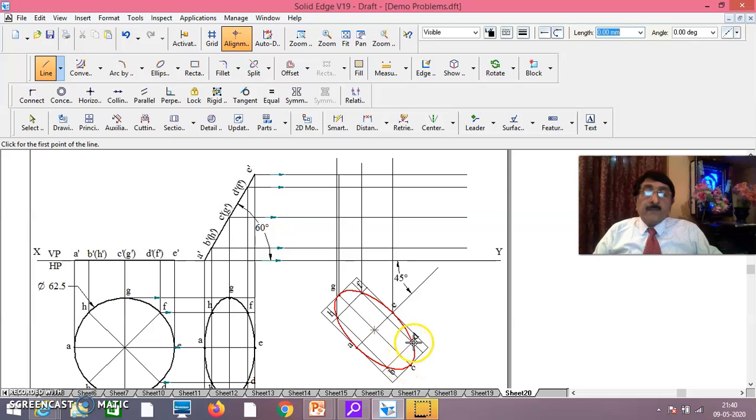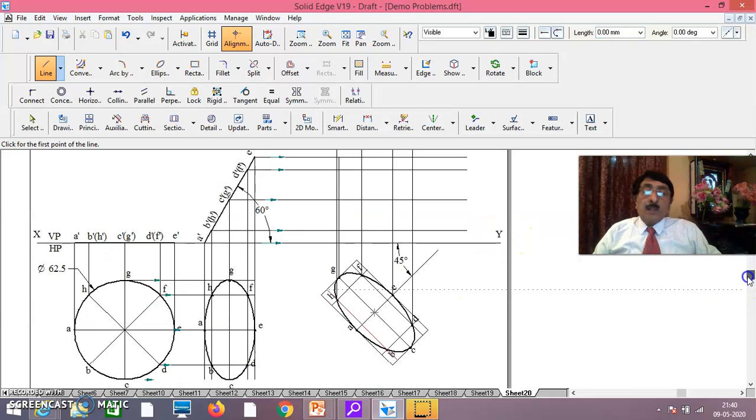This is E. This is D. On this you should find A. Totally 8 lines should be there.